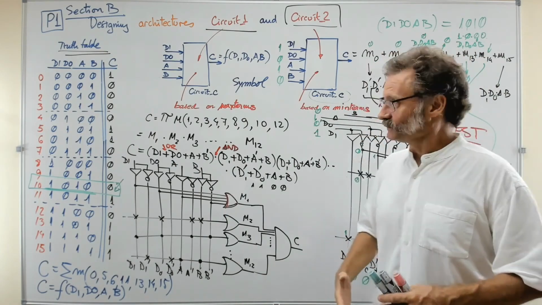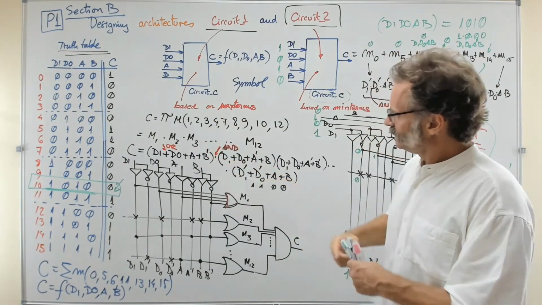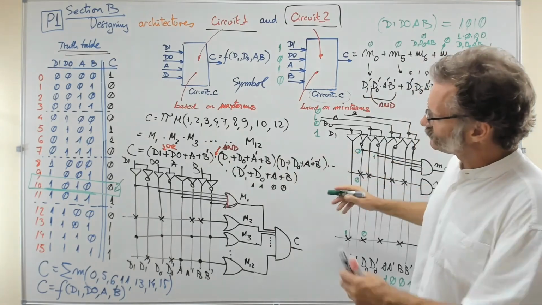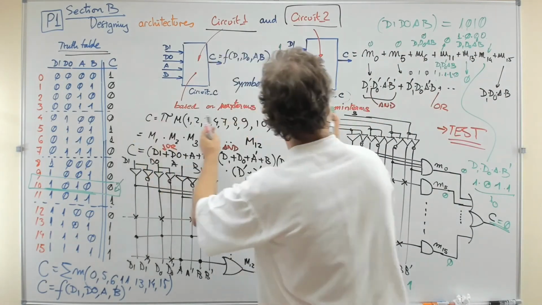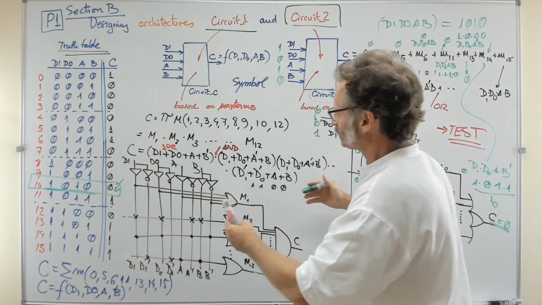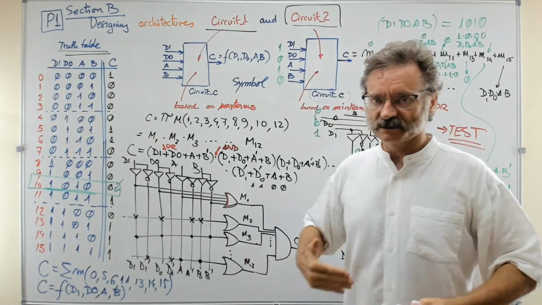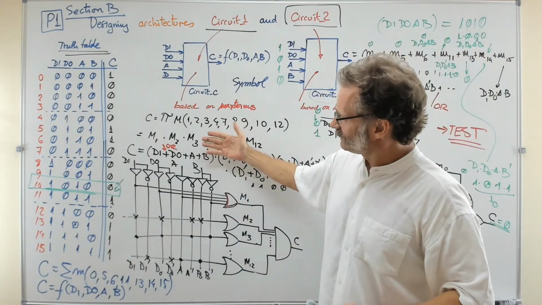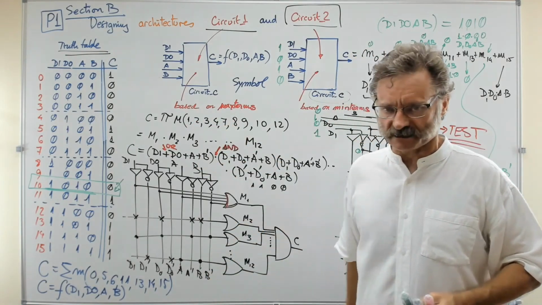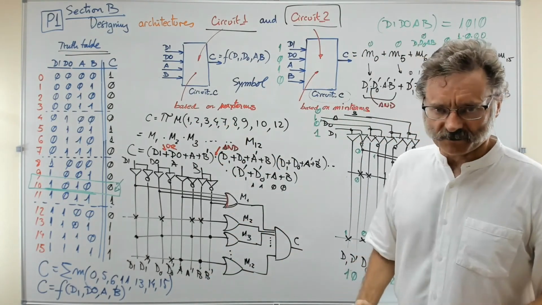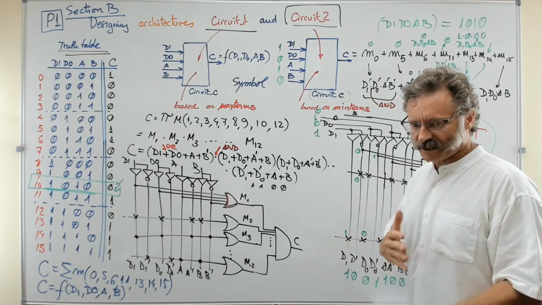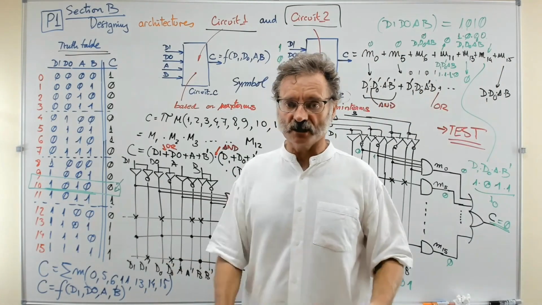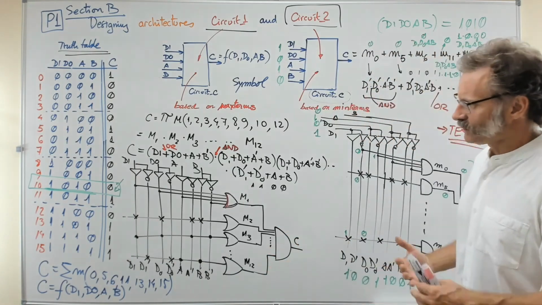Develop. Develop is this kind of, you see, handmade operations of expanding the expression related to maxterms or the expression related to minterms, and the final development step is to go and translate the expression into a second. And fourth, test. Well, test means comparing your results with the ones from your colleagues or teammates. That's one way to do it.